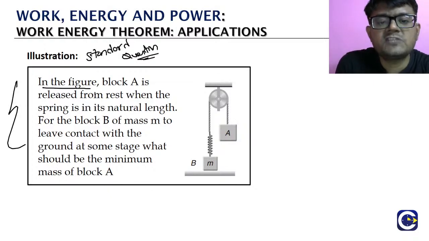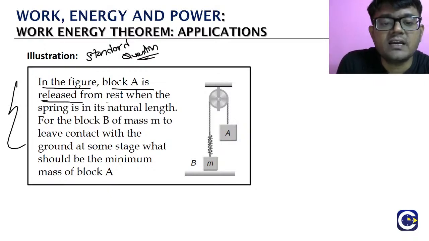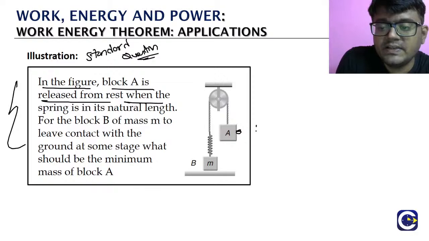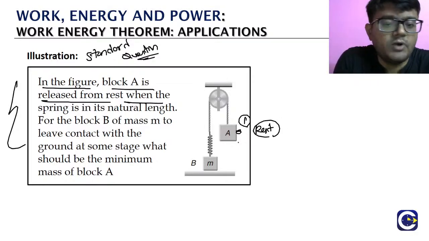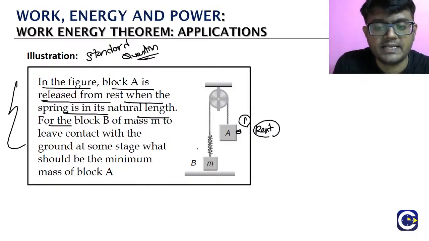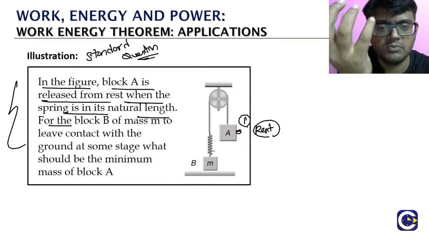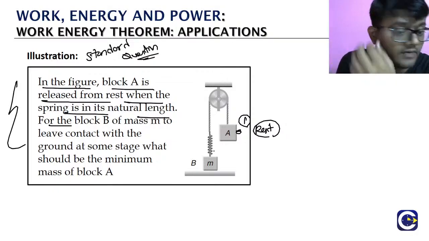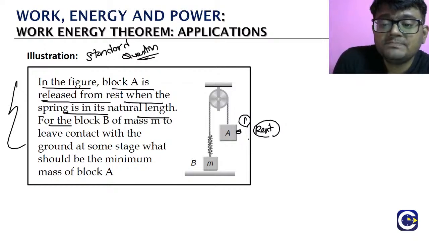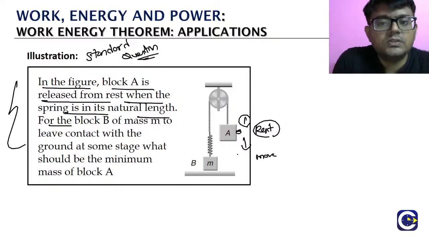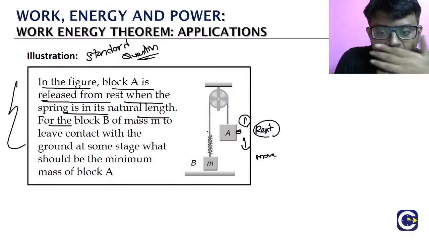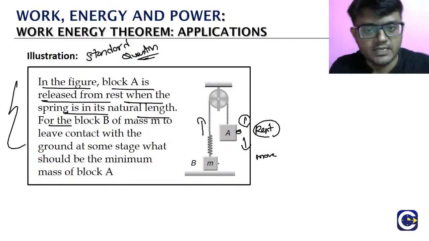In this figure, there is a block A released from rest. Let us call that position point 1, where the spring is at its natural length. Because of the weight acting on the block, the block will start going down, and as it goes down, the spring will keep getting elongated.